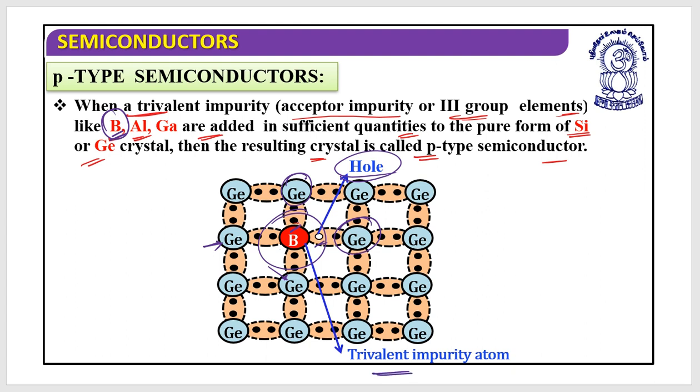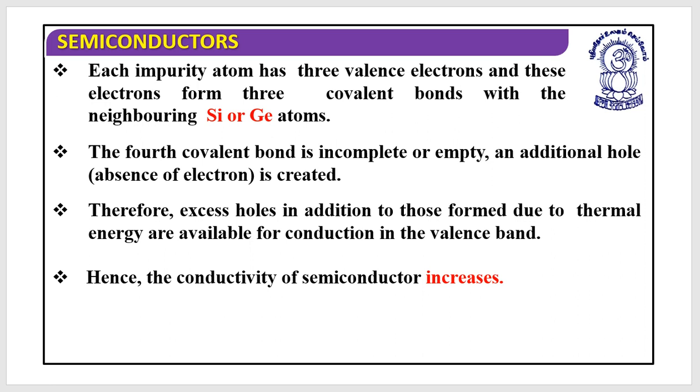So this is the trivalent impurity atom, and each impurity atom has 3 valence electrons, and these electrons form 3 covalent bonds with the neighboring silicon or germanium atoms.